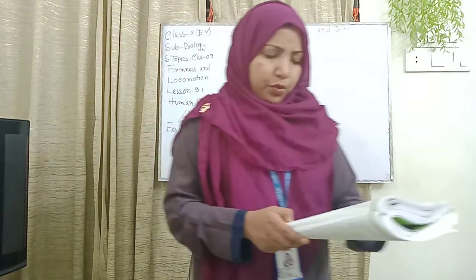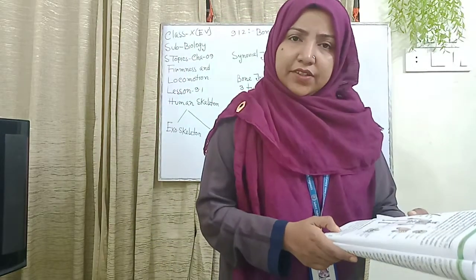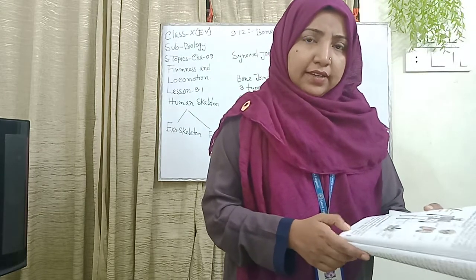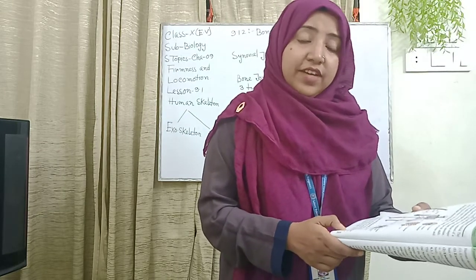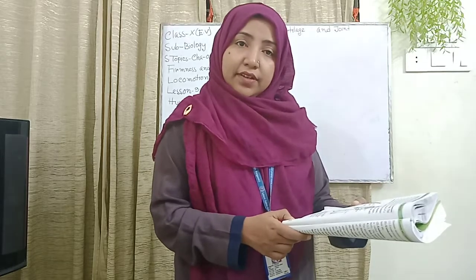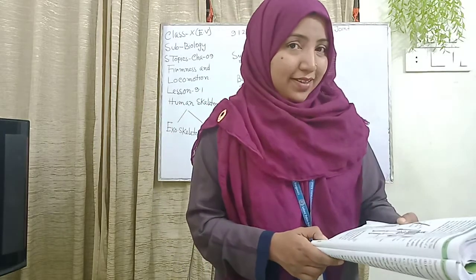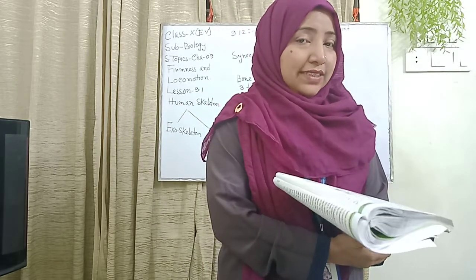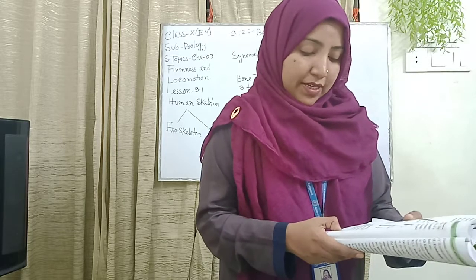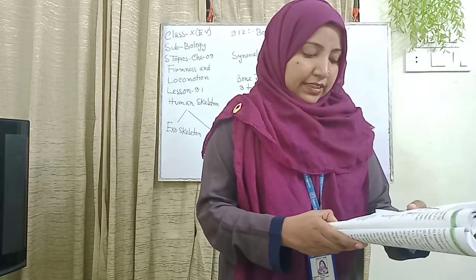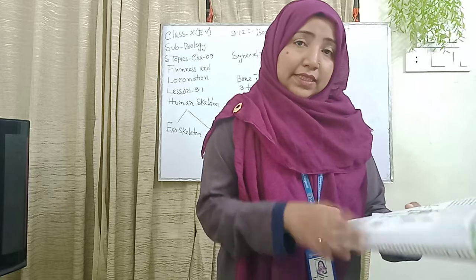Bones and bone joints are both parts of a skeleton. Bone joints connect the various parts of the skeleton and assist in movement. Basically, bone joints help us with movement. Bones remain attached with voluntary muscles.